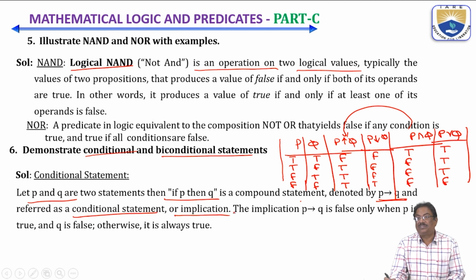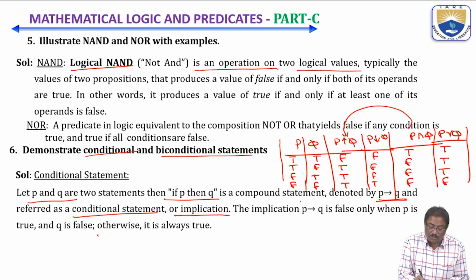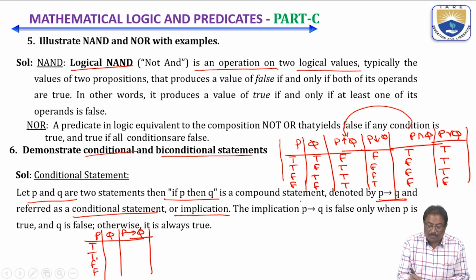So we are going to consider this once again by using the truth table for P, Q, then P to Q. For P and Q, the four possibilities are true true, true false, false true, false false.